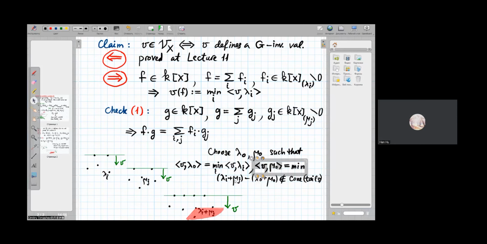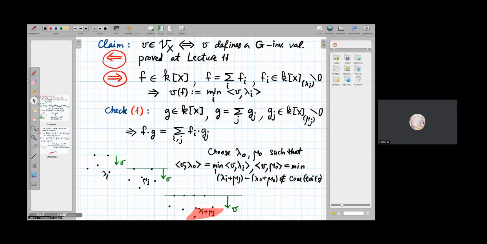And then the difference of these two weights, it may in principle happen that the value of v at the difference is 0. Yes, this is possible if lambda i is on the same hyperplane, on the same green hyperplane as lambda naught, and also for mu j. So this extra condition is indeed necessary.